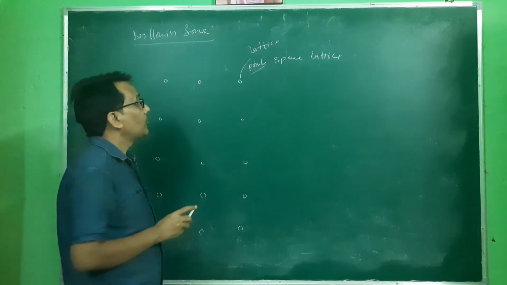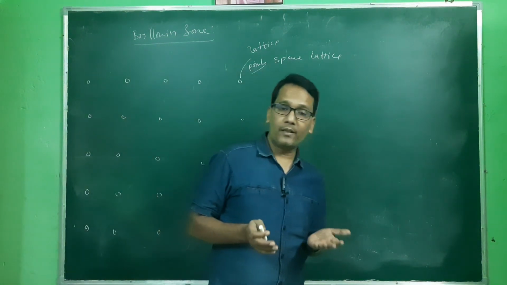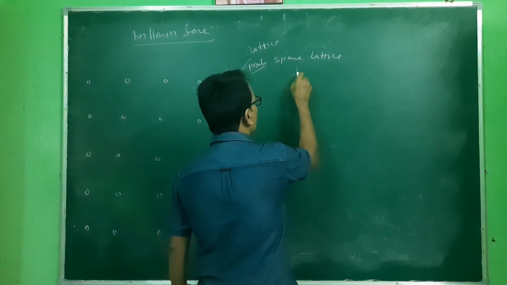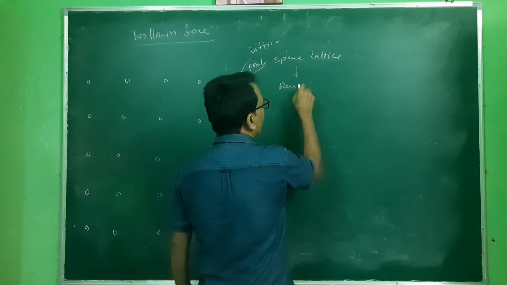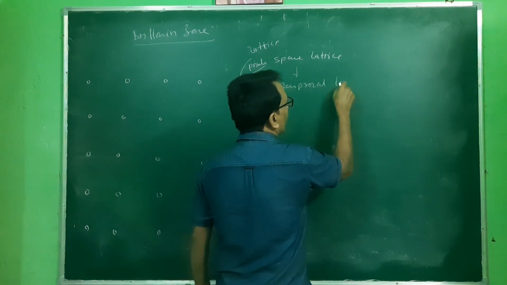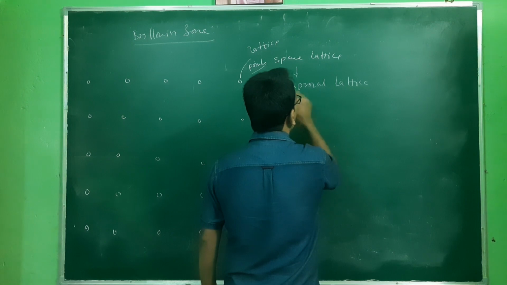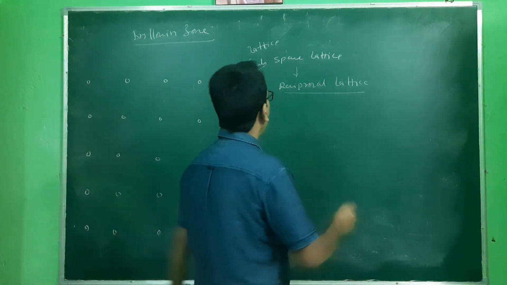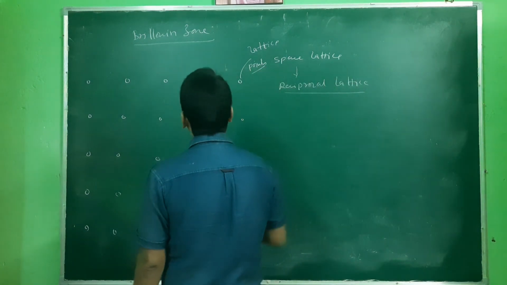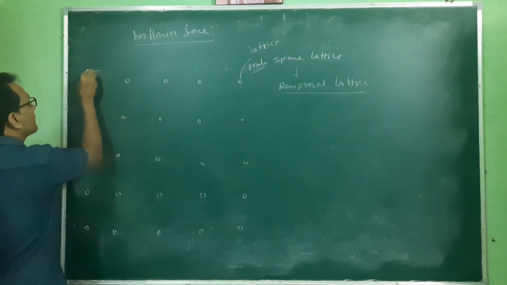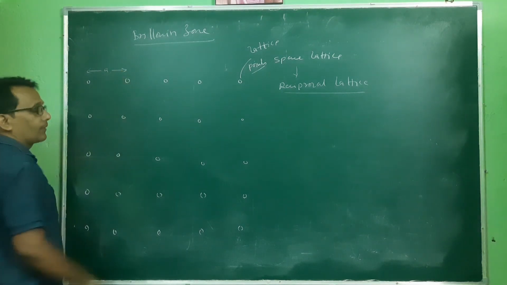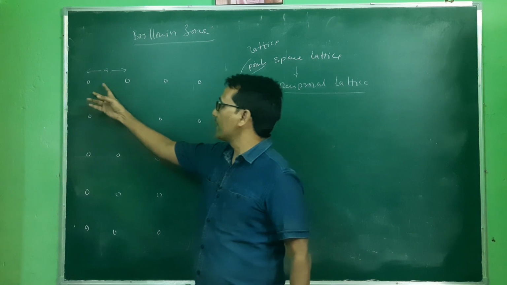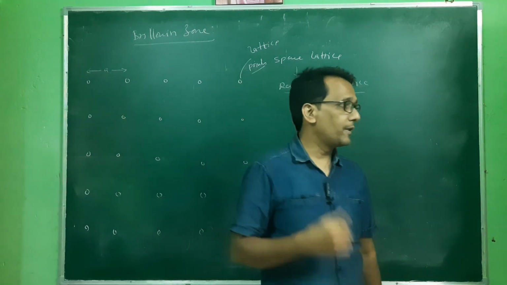But in order to discuss the band diagram and the EK diagram, we use another term, that is known as the reciprocal lattice. So instead of the simple periodic space lattice, we use this reciprocal lattice. In the space lattice, we take the lattice constant as A, the least difference between two atoms of this periodic arrangement.